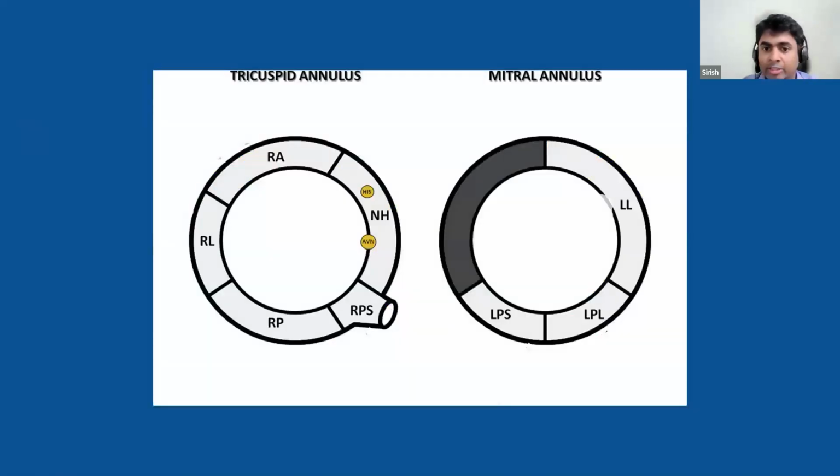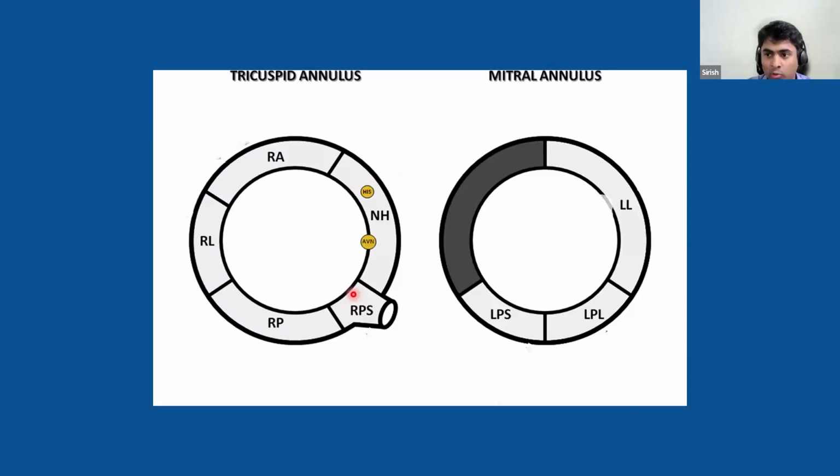By the way of introduction, today we'll start with anatomy of accessory pathways. So all of us would have seen this kind of simplistic schematic picture where you are shown a mitral annulus, tricuspid annulus, and you have the left free wall, the right free wall, and the septal, and with the distribution of the accessory pathways.